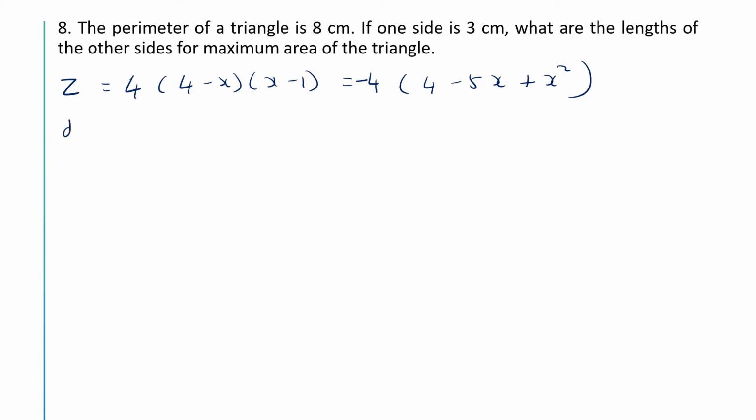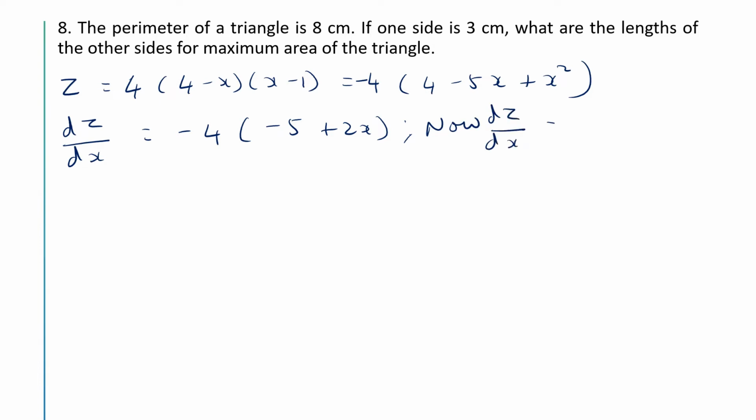Now we will find dz by dx. So it is equal to minus 4 into minus 5 plus 2x. Now dz by dx equal to 0, because at the critical points dz by dx is 0, which means we get minus 5 plus 2x equal to 0, or x is equal to 5 by 2.